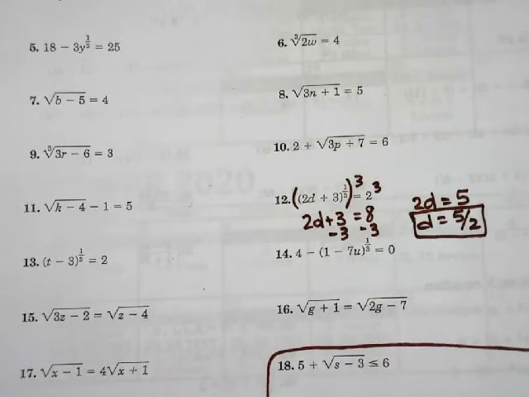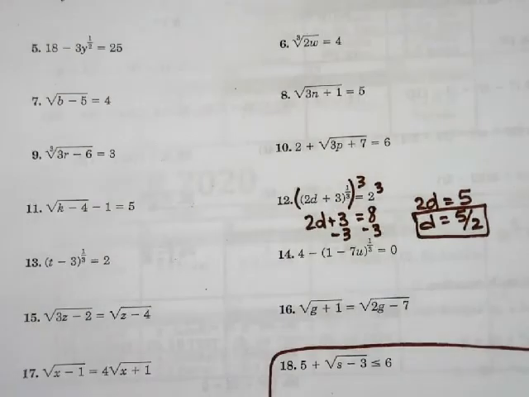Sound good? Questions on equations, like I said, before we go to inequalities. So I want you to just pick one column, either the left-hand column or the right-hand column. It doesn't matter to me. And we're not doing 18 through 24. Yes, we're going to do them here in just a minute. So yes, Abigail, you can either pick the evens or the odds on the top part. Okay?